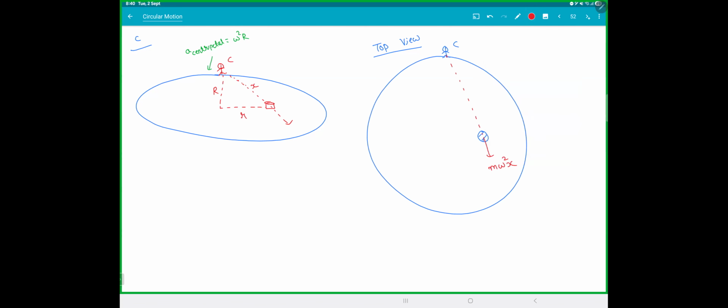If you resolve this into two components, this will be m omega square r and this will be m omega square capital R. Those are the two components of the centrifugal force. And this person will also say, because I am going in a circle, I have a linear acceleration, so I have to apply a pseudo force, which is the mass of the coin times my acceleration in the opposite direction. So you'll put one more: this is the linear pseudo force, m omega square R.